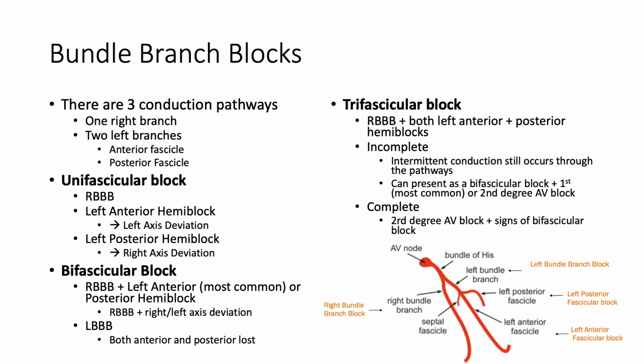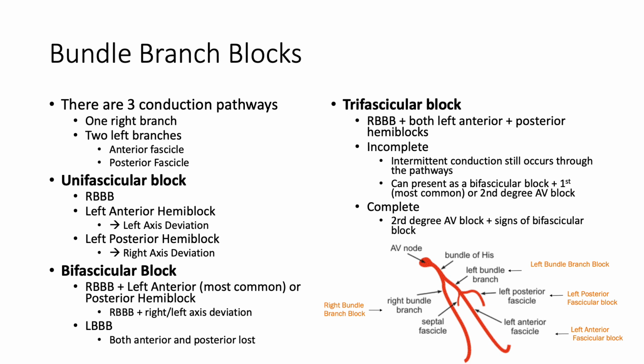All right. Bundle branch blocks. So this is what I was explaining before about your right and left. On your right side, you've just got this, and on the left side, you've got a posterior and an anterior fascicle. So you can just get one of these blocked, either the right or the left anterior or the left posterior.